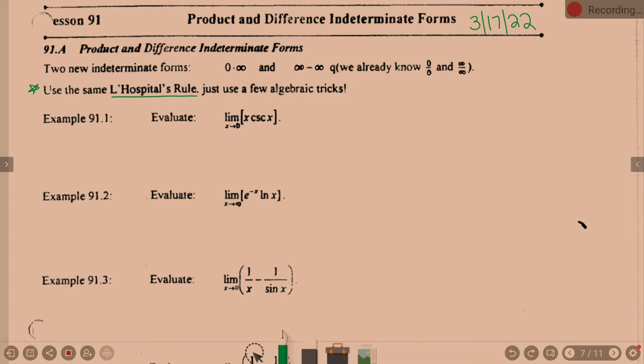Okay, so example 1. Evaluate the limit as x approaches 0 of x cosecant x. Limit of x cosecant x.